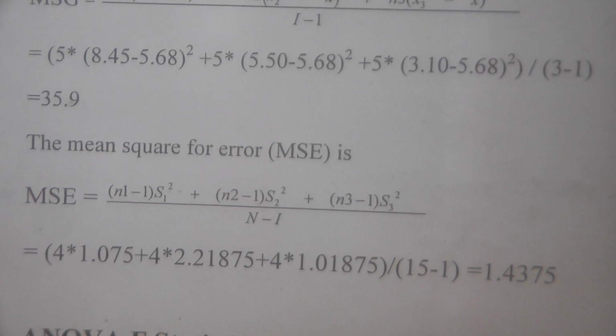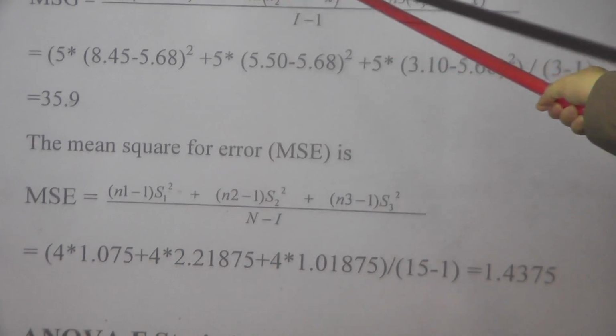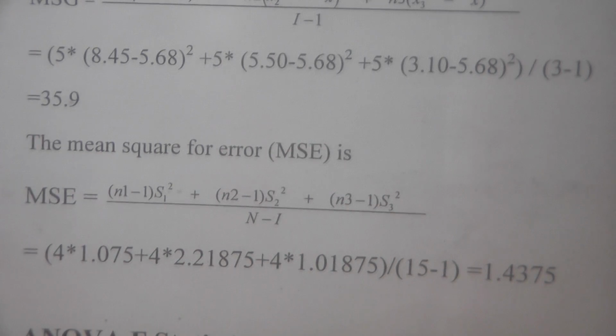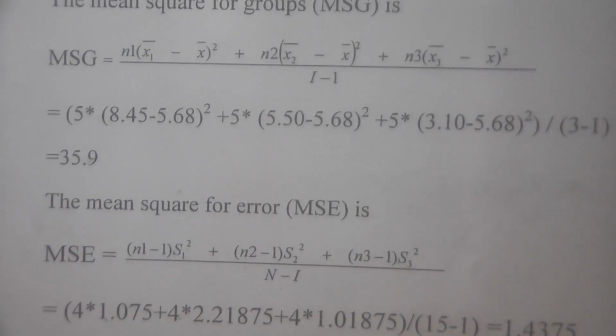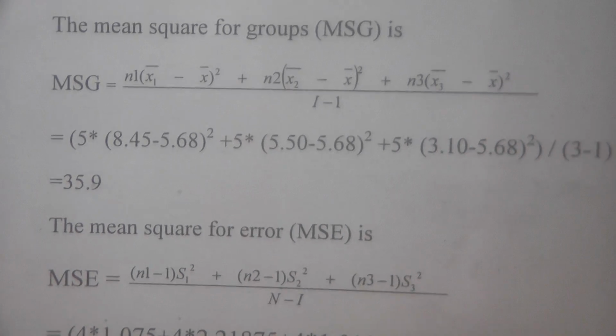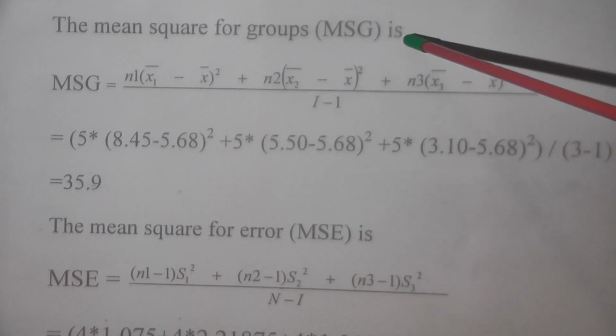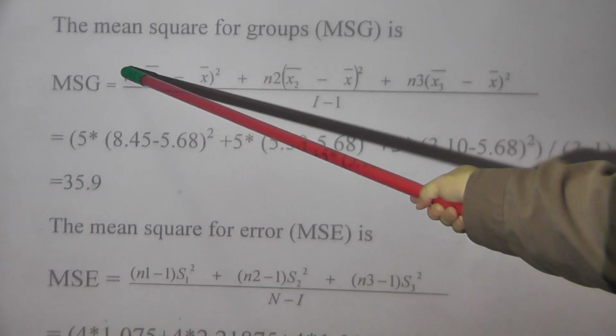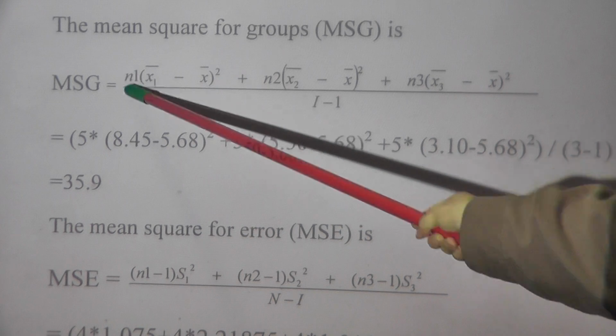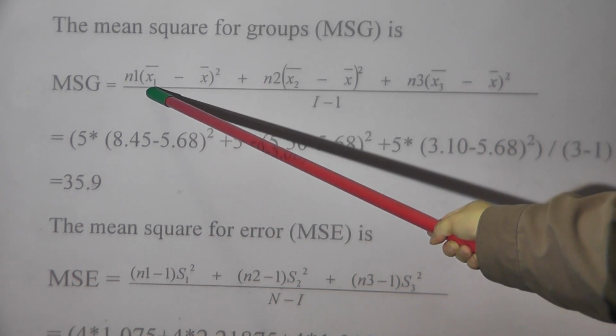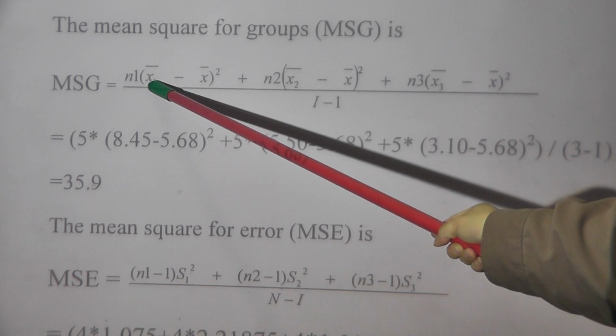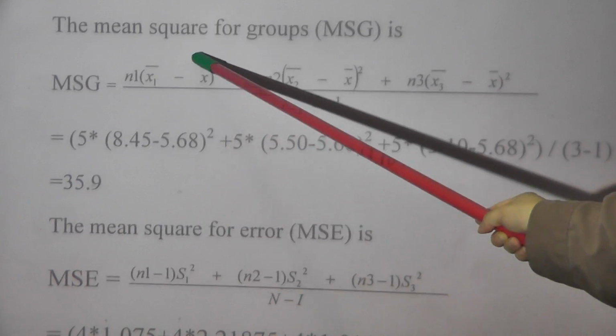The mean square for groups, MSG, is the sample size N1, here 5, times the first group sample mean minus the overall mean.